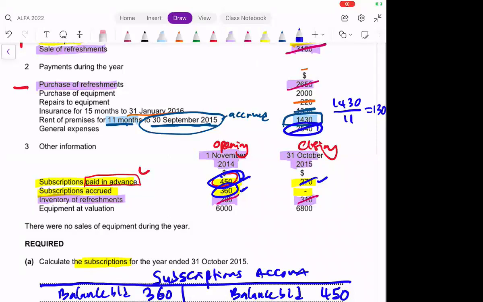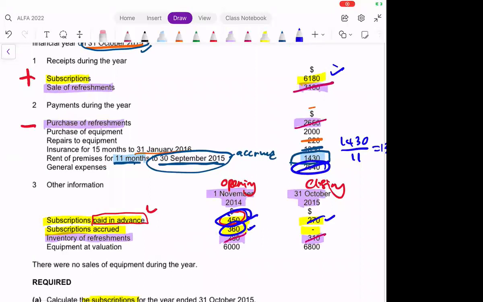Yes. If there is a non-current asset, definitely there will be a depreciation. But here they didn't give me any percentage, but they did tell me something about the depreciation: opening, purchase, closing, and no sales of equipment.